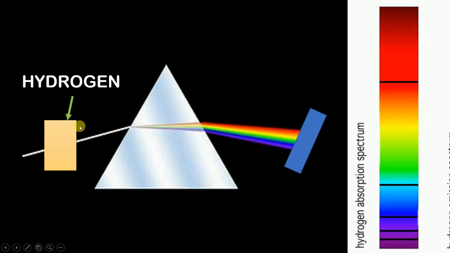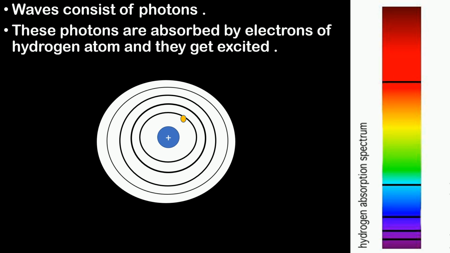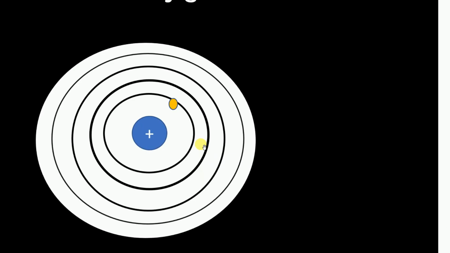Now how does this hydrogen gas absorb the wavelength? As we all know, waves consist of photons, and these photons are nothing but small energy packets. These photons are absorbed by the electrons of the hydrogen atom, and they get excited. As we know, there is an electron in the outermost shell.